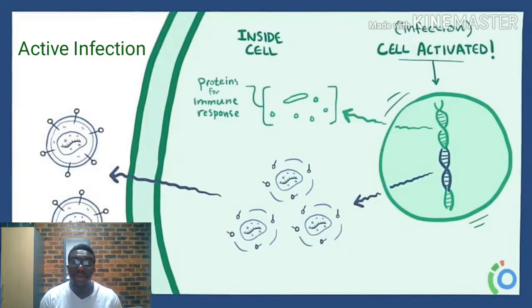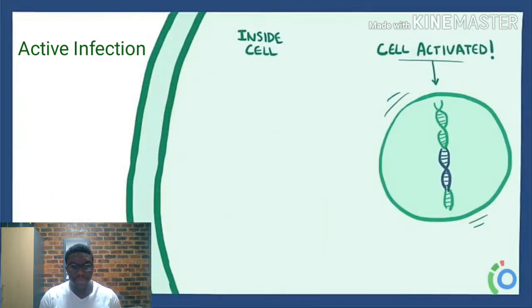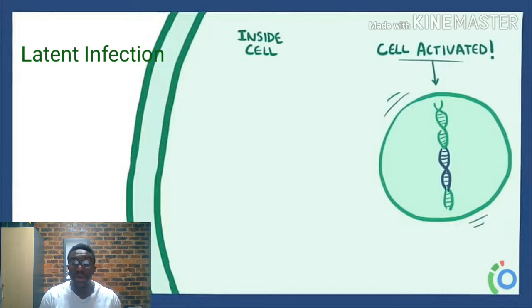In active infection, HIV uses the host machinery to produce multiple copies of its RNA and proteins, which are then assembled into new virus particles ready to infect more CD4 cells. In latent infection, the virus remains integrated into the host DNA and may lie dormant for years, forming a latent HIV reservoir which can reactivate and infect at a later stage in time.